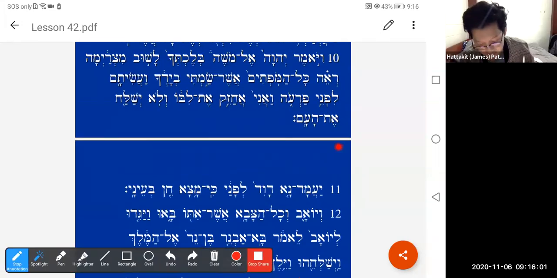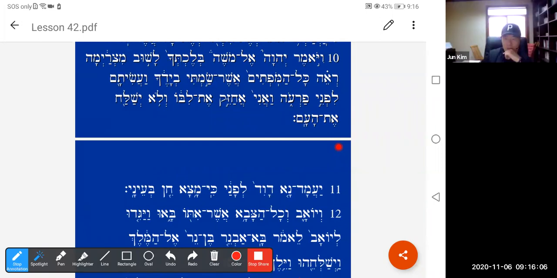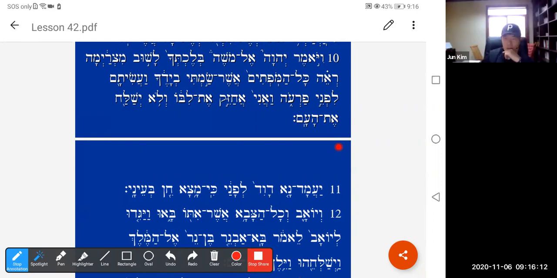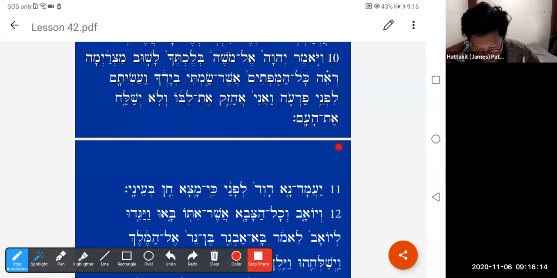The verb is the first one. It's yaamod, and it's Qal. The letters are ayin, mem, and dalet. Qal stem, imperfect form, 3MSG, special feature: na particle, meaning let him stand.